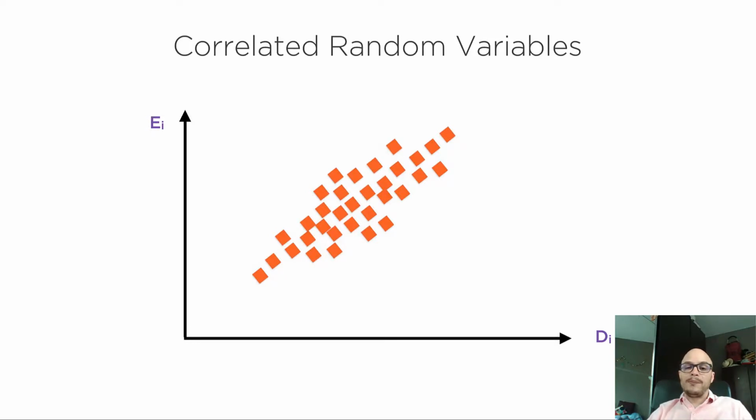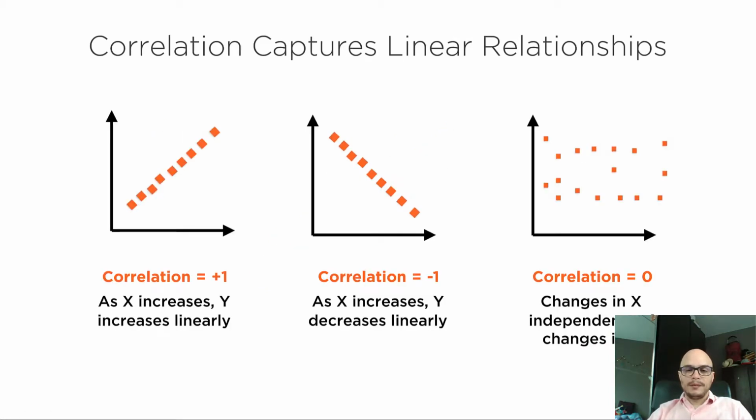Two variables are perfectly positively correlated if they have a correlation of +1. That means as x increases, y increases linearly. Two variables are said to be perfectly negatively correlated if we have a correlation of -1. That is, if x increases, y decreases linearly.